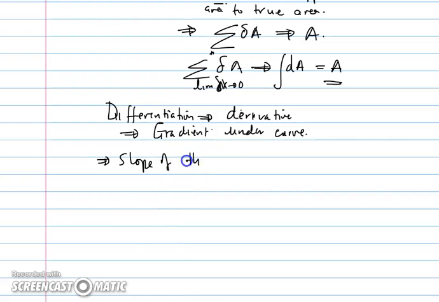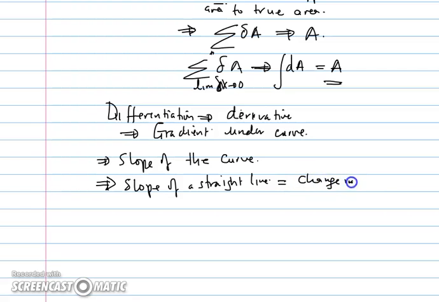For beginners of calculus, we know that we can determine the slope of a straight line by taking change in y over change in x.